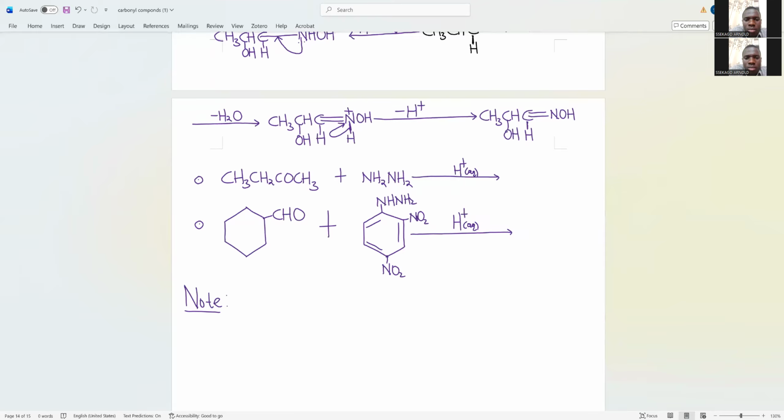It is important to note that dilute sulfuric acid, in this case, serves as a catalyst.